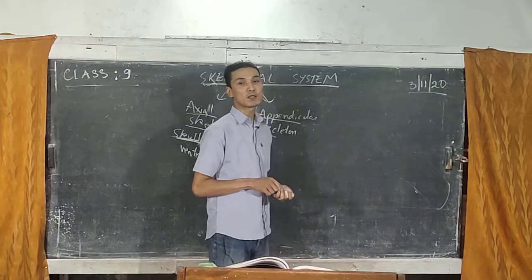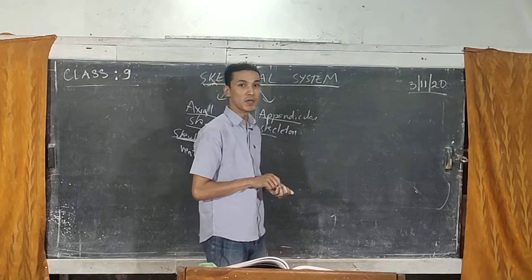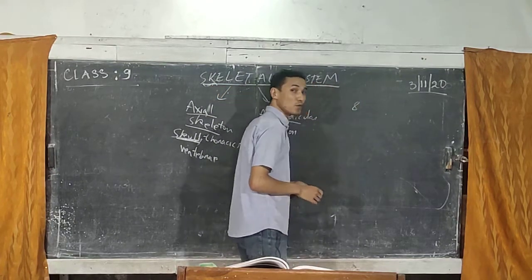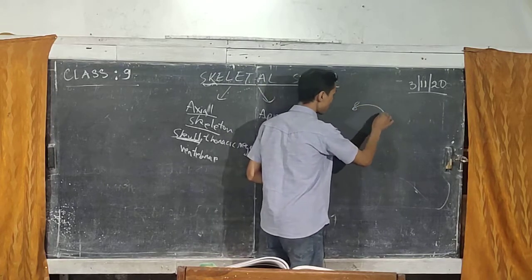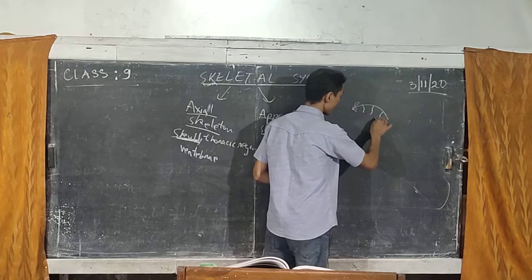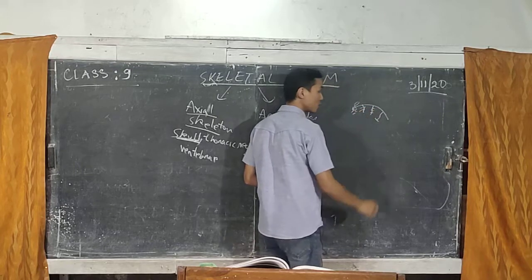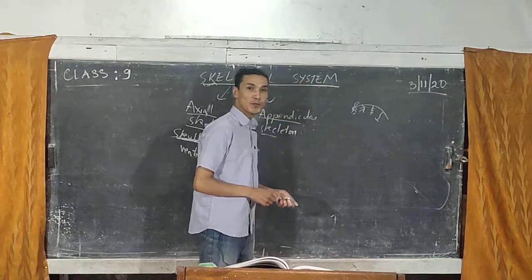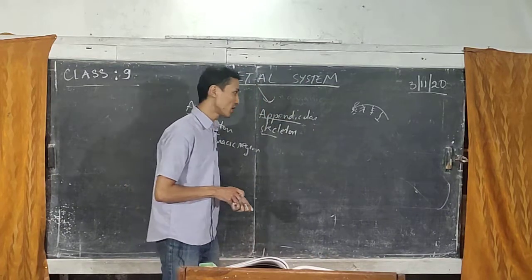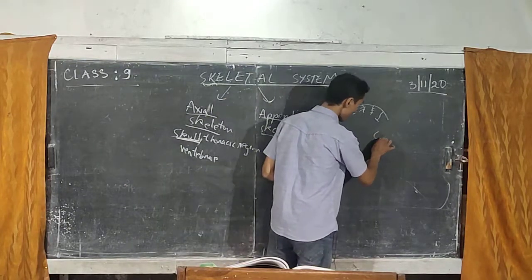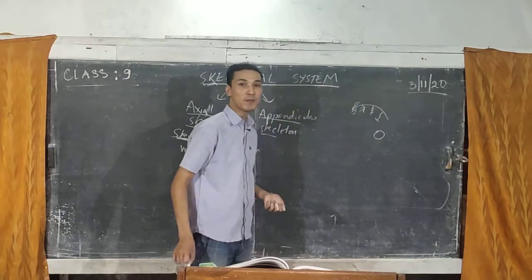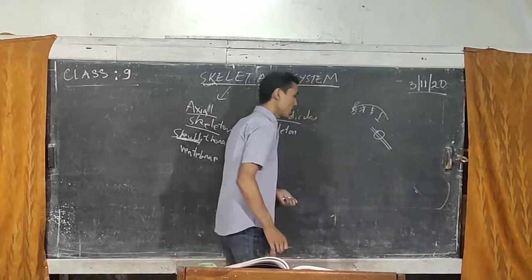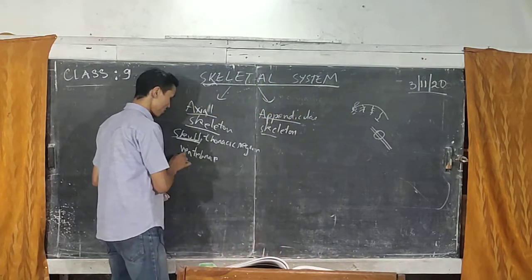The uppermost part, also known as the brain box or the cranium, is made up of fused bones. 8 bones are fused, forming a compact permanent structure. These joints are also known as sutures. Then the face of the skull is made up of 14 bones. At the back of the skull, you have a small hole called the foramen magnum, through which the spinal cord passes. The spinal cord also passes through the vertebrae.